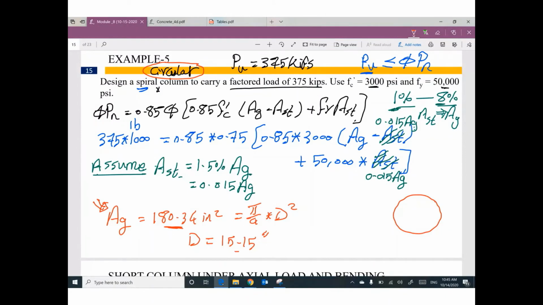I cannot go below this value. I cannot assume the diameter is 15. 15 is unsafe. 15.15 is the minimum. You cannot go below this number. So I'm going to assume a 16-inch diameter.